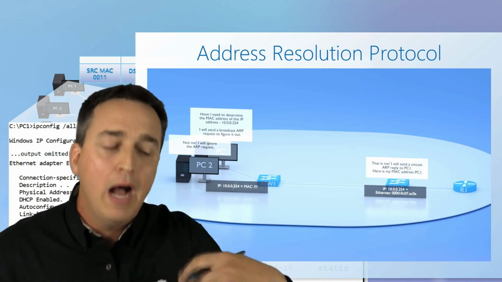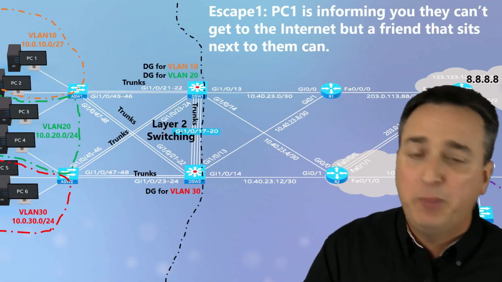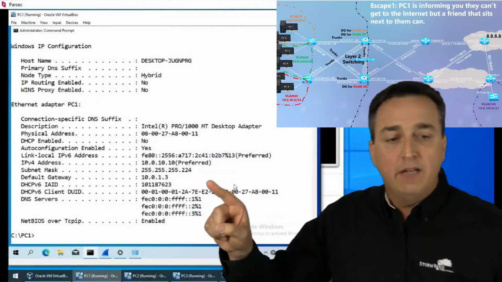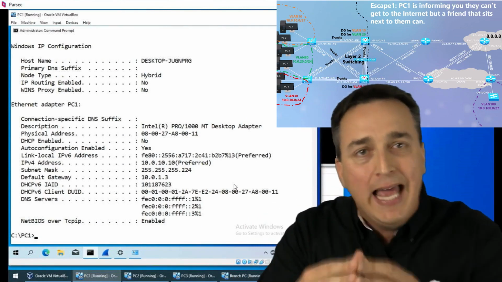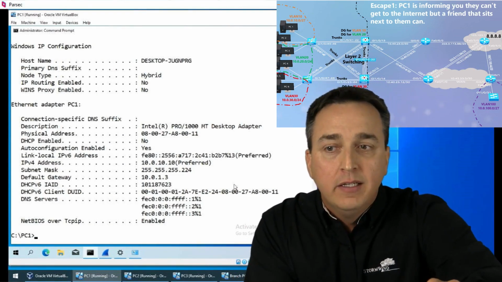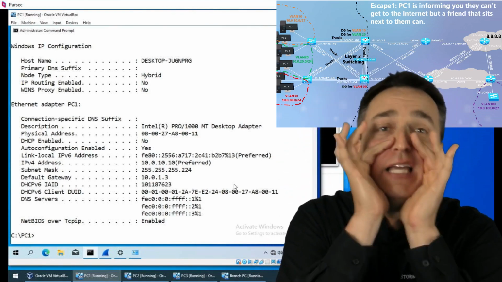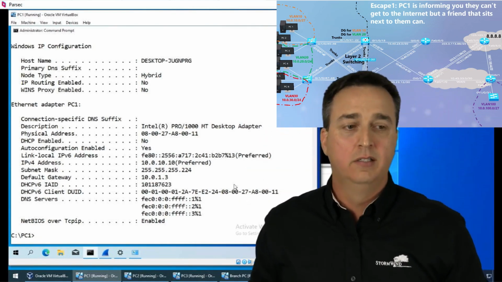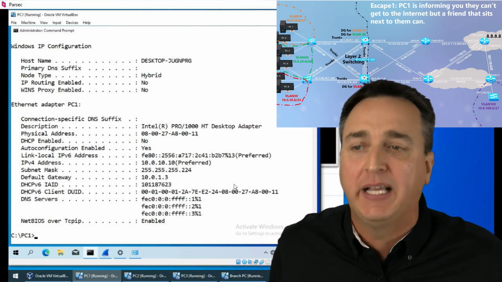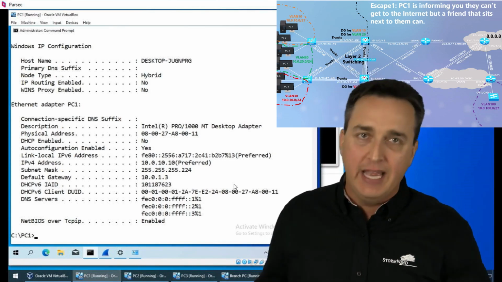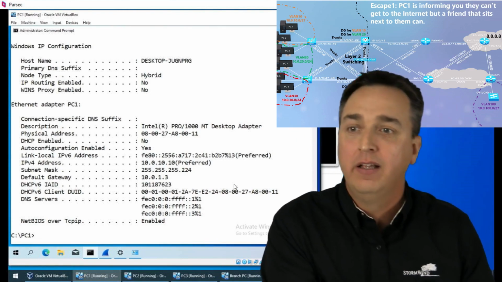So here's the problem we're running into in my scenario right now. Because PC1 is configured with 10.0.1.3, it's going to send out the ARP request saying, hey, if you're 10.0.1.3, give me your MAC address. Nobody responds because they don't exist. That's all that's happening here. We can't even send anything right now.